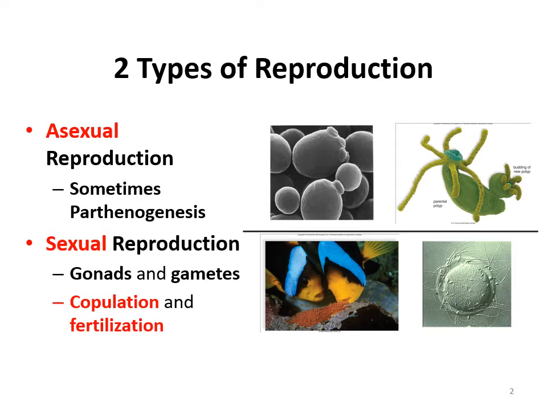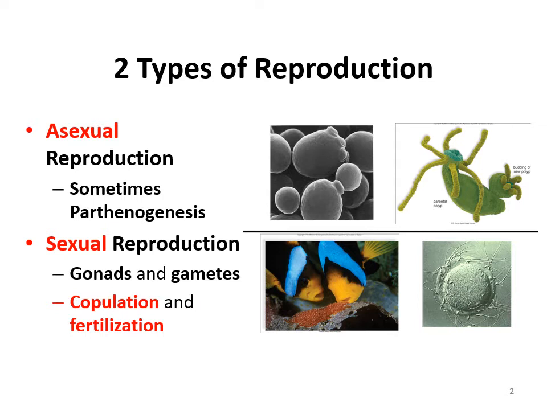There's actually another form of asexual reproduction beyond the binary fission of bacteria or the budding of yeast, and it's called parthenogenesis. That's a special form of asexual reproduction that's a modification of sexual reproduction. It's basically where an unfertilized egg develops into a complete individual.